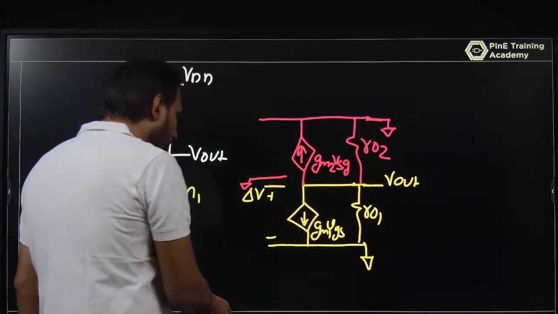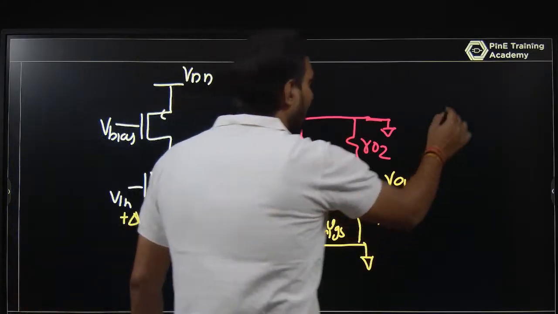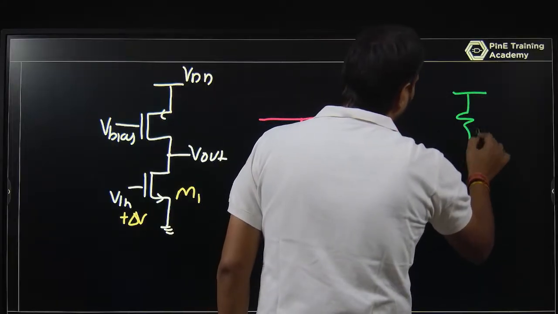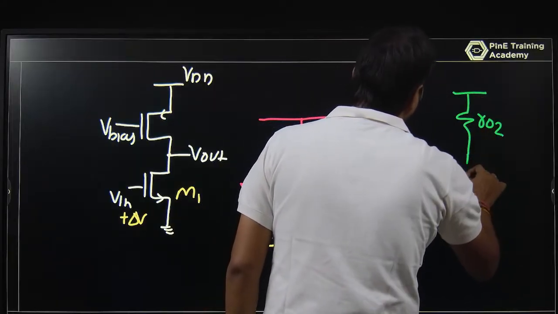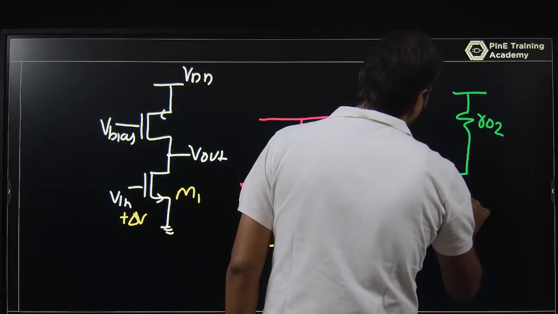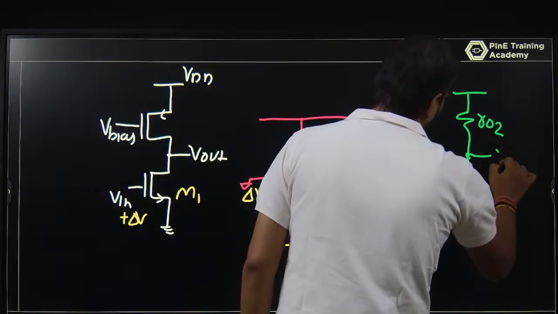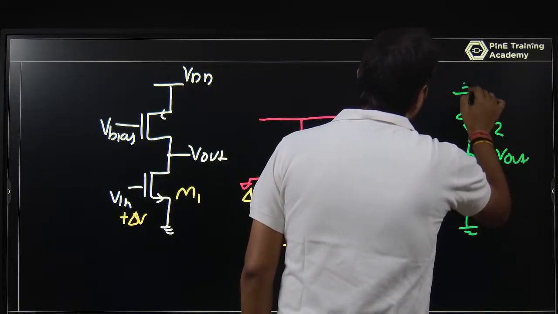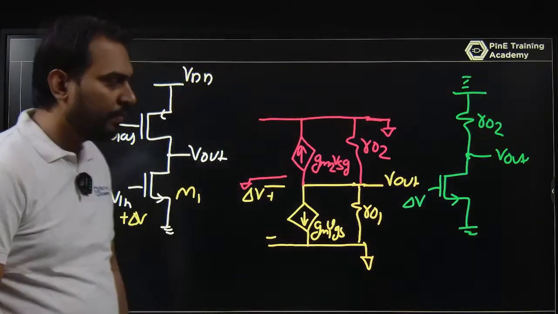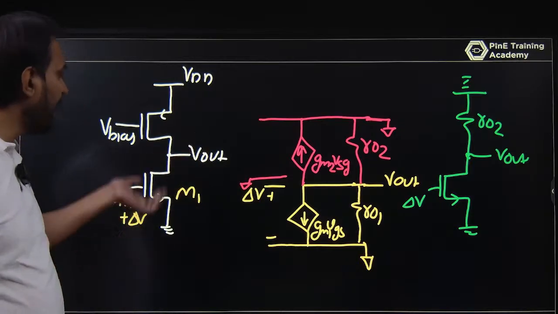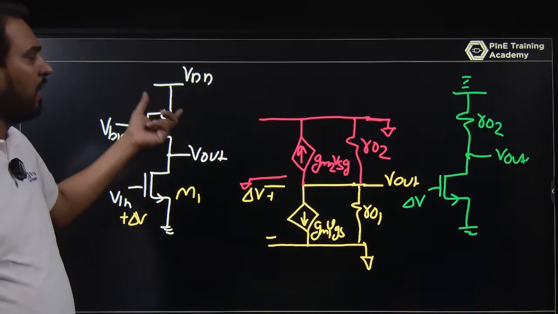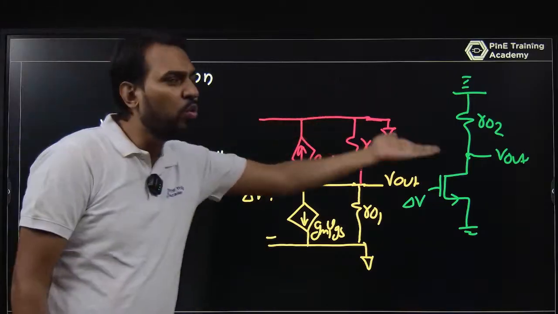The small signal model of that circuit is like this. This is R02, with the small signal model like this, delta V. That is very, very simple here. Just replacing, okay, this MOSFET small signal model is R02 only.